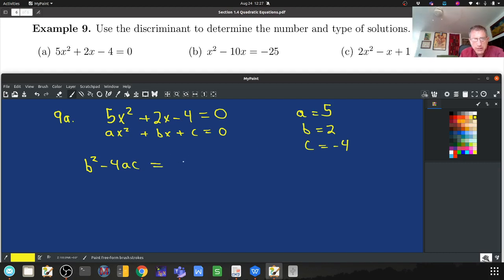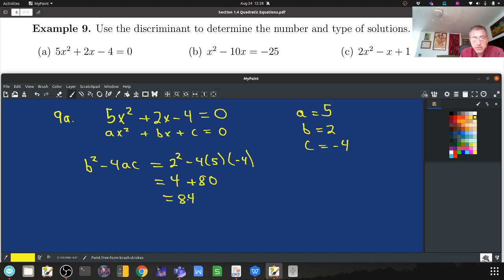B squared is 2 squared minus 4 times 5 times minus 4. So b squared is 4, and minus 4 times 5 is minus 20, times minus 4 is plus 80. So the discriminant is 84.